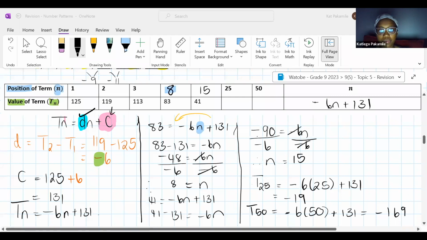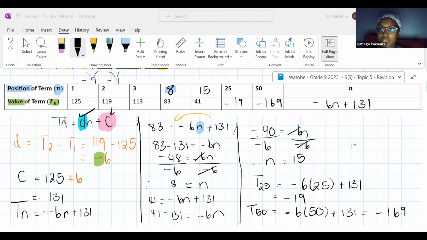We have completed our table, guys. The only thing I'm going to say is I hope we understand the difference between when you have N and when you have TN. When you have N, you substitute where there is N. That's if they give you N. So they gave us 25.